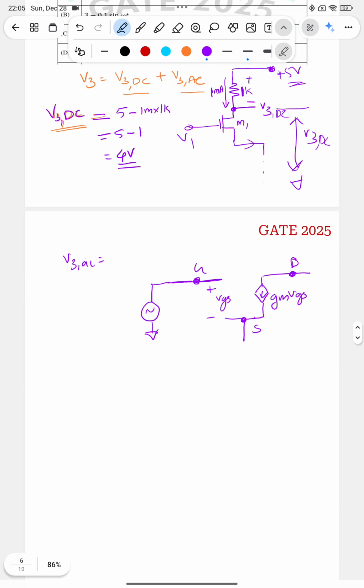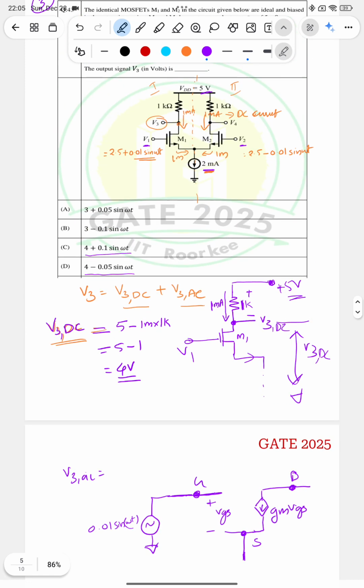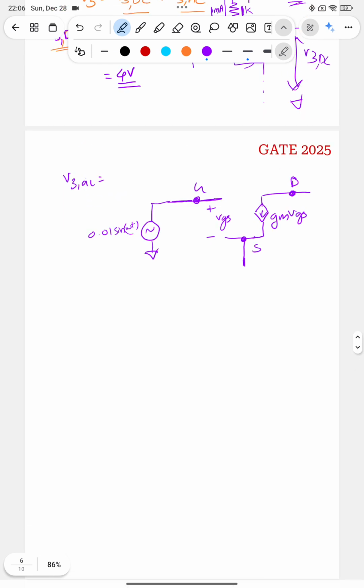And the source is connected to this node, that is the source of the other MOSFET, and in AC analysis the 2 milliampere DC current source will be open circuited, right? So we will say this is connected to the source of the second MOSFET. So some current is flowing through this.